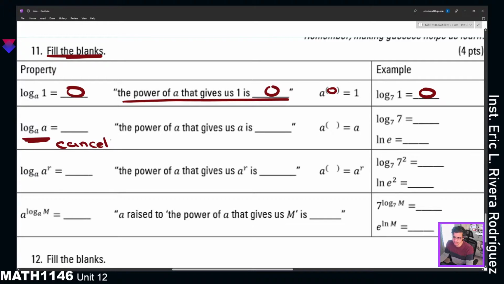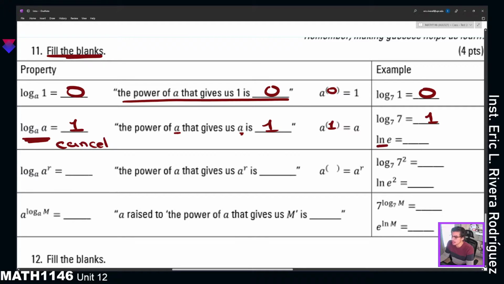I'm just going to put the word here because we are going to use that one to cancel some bases on the equations. So what is the power of a that gives a? Well, a raised to the power of 1 is equal to a, so this is equal to 1. So log base 7 of 7 is equal to 1 because 7 raised to the power of 1 is 7.